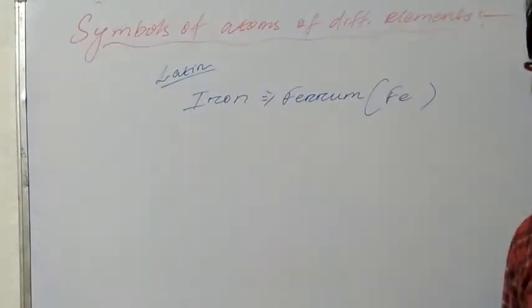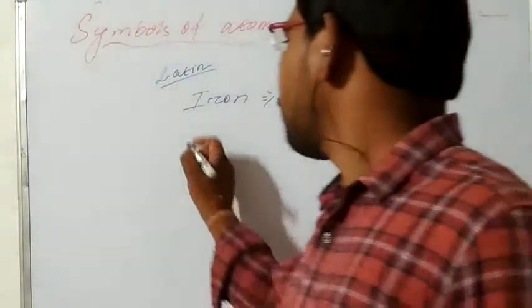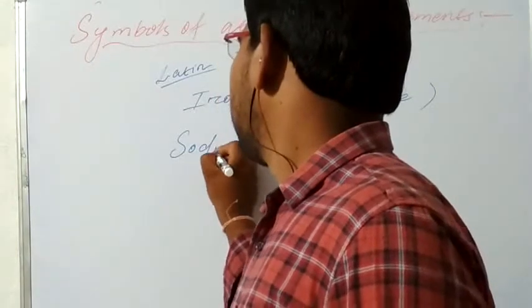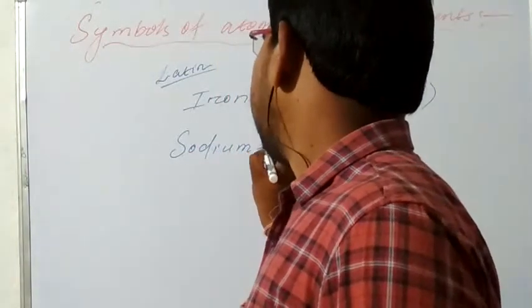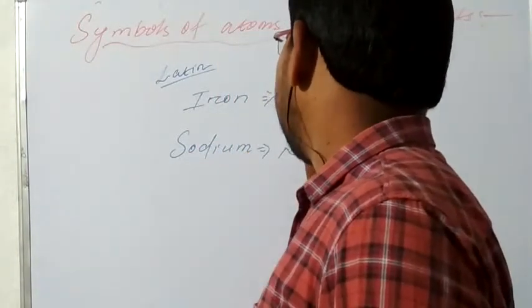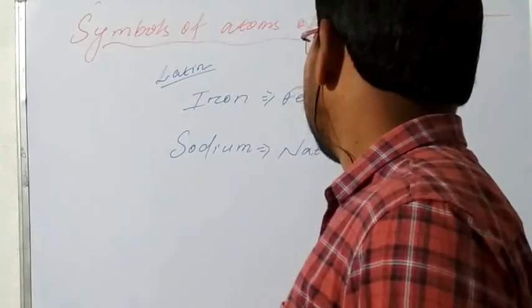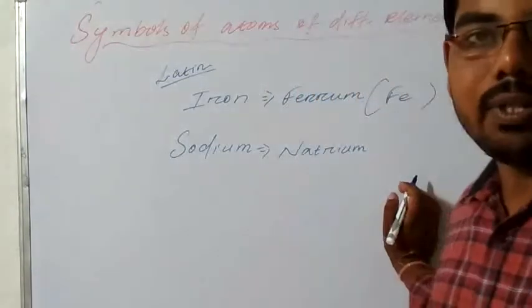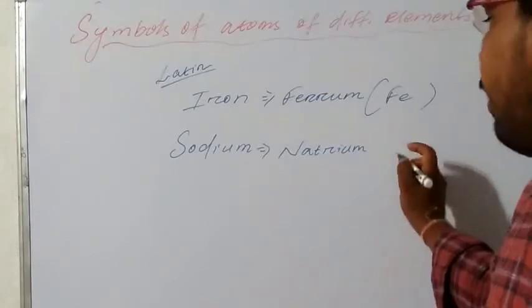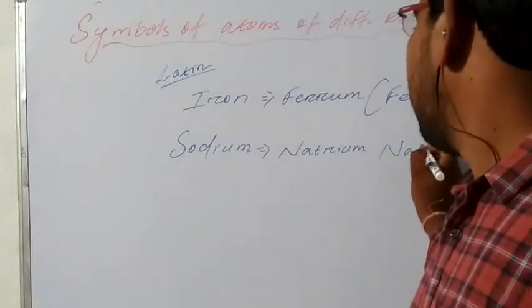Similarly, the Latin name of sodium is natrium, N-A-T-R-I-U-M. That is why the symbol of sodium is Na, capital N, small a.